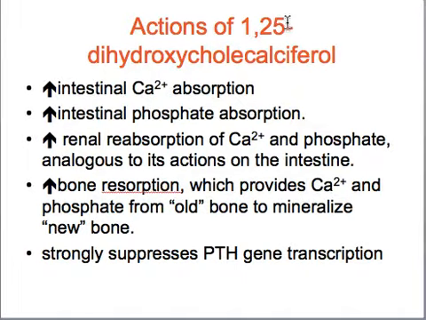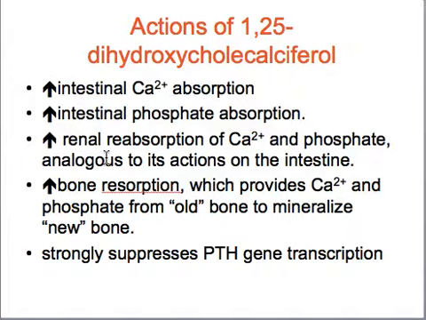Your activated vitamin D facilitates both intestinal calcium and phosphate reabsorption, and this action is similar also in your kidney. So your vitamin D also facilitates both calcium and phosphate reabsorption in the kidney.